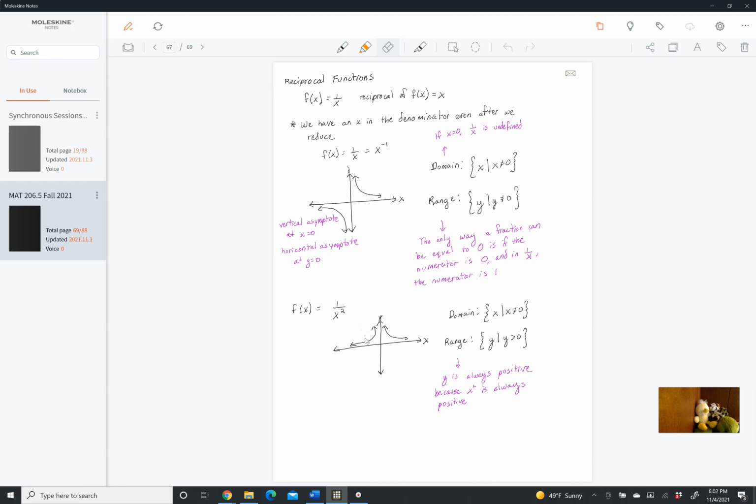For f of x equals 1 over x squared, we also have y equals 0 as one of our horizontal asymptotes. So now the question becomes, okay, well, how do we find these horizontal asymptotes? So that's what we're going to work on today, horizontal asymptotes.